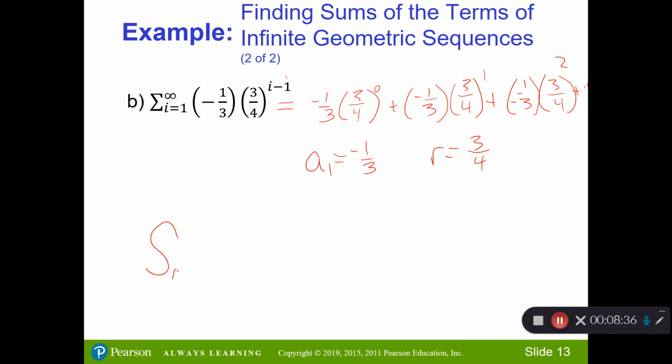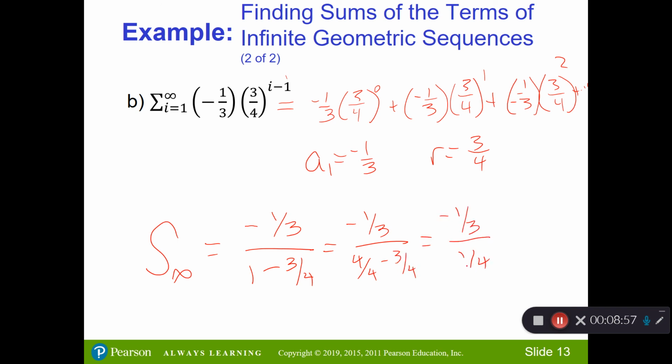So my infinite sequence would sum to, this is less than 1, so I know it's convergent, negative 1/3, the A1, over 1 minus 3/4, the r term. So negative 1/3 divided by 4/4 minus 3/4 is 1/4. So I would go negative 1/3 times 4 over 1. So negative 4/3 is the value of the sum.